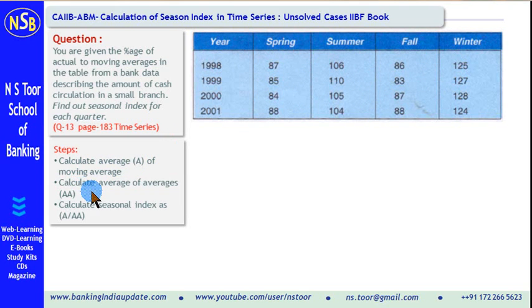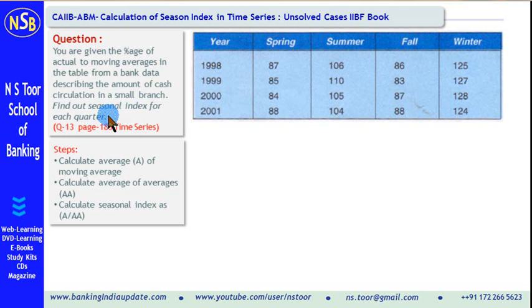Thereafter, we shall calculate the average of averages. In the third stage, we will be able to calculate the seasonal index, and that is what we are supposed to calculate quarter-wise.